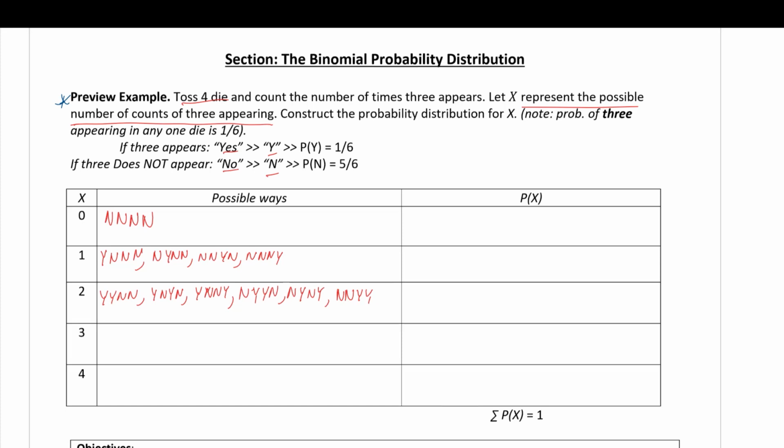Now, how many ways can we get 3 yeses and 1 no? The first 3 can be yes. Or the first 2 and the last one can be yes and the third one's a no. So the no is just going to move towards the left every time we repeat this. Then the no can be on the second one.